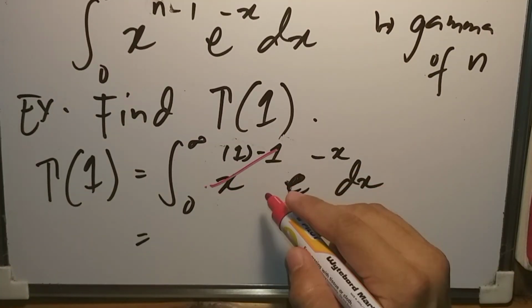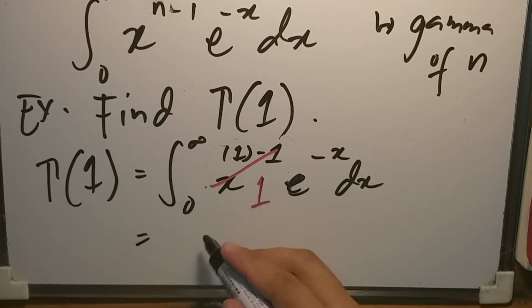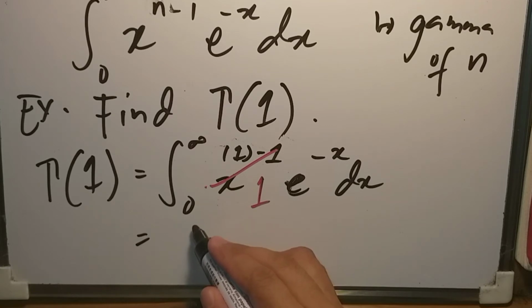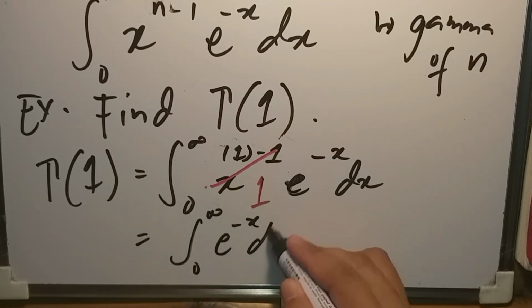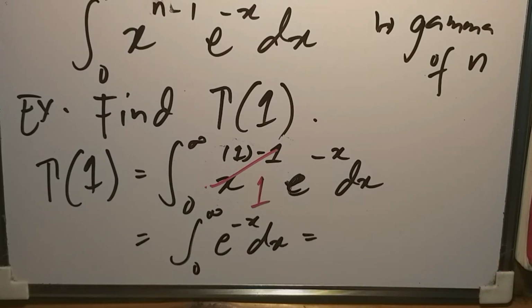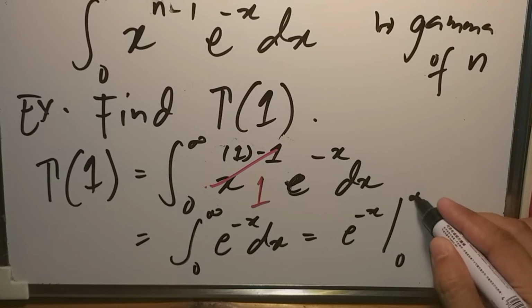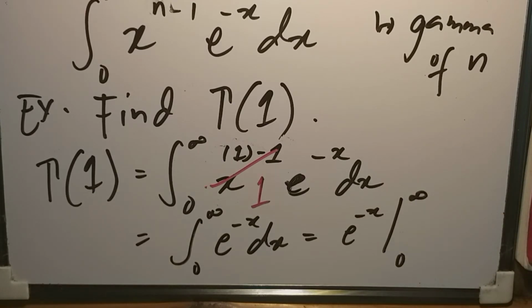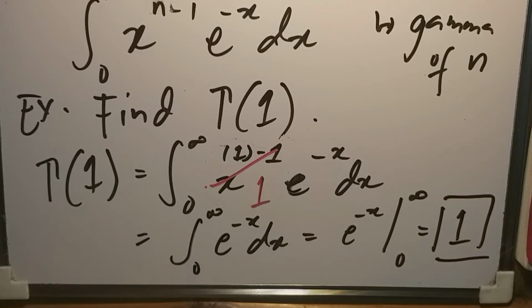The x factor gives you 1, so we only have the integral from 0 to infinity of e to the negative x dx, which is negative e to the negative x evaluated from 0 to infinity. So we will have 1.